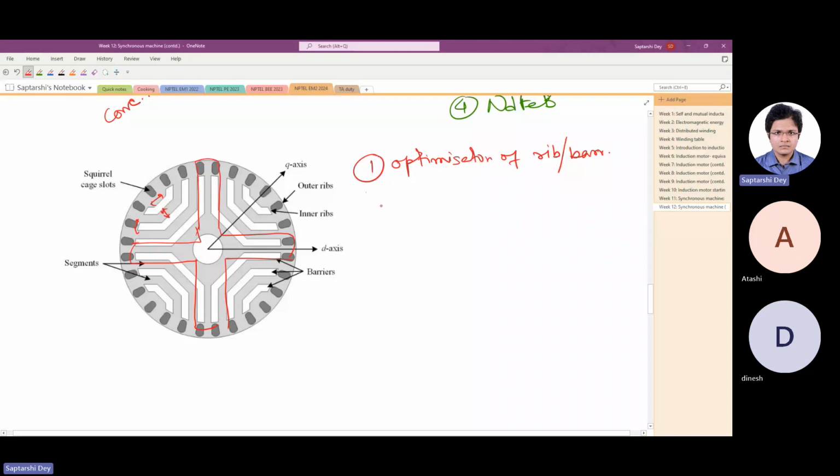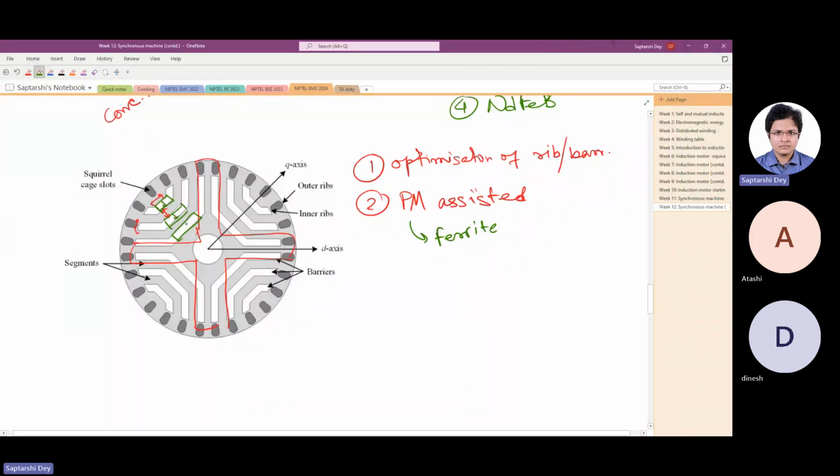Another part that is very popular is PM assisted synchronous reluctance machines. What they do is they put permanent magnets here, mostly ferrite. Why do they put permanent magnets here? What is the objective?